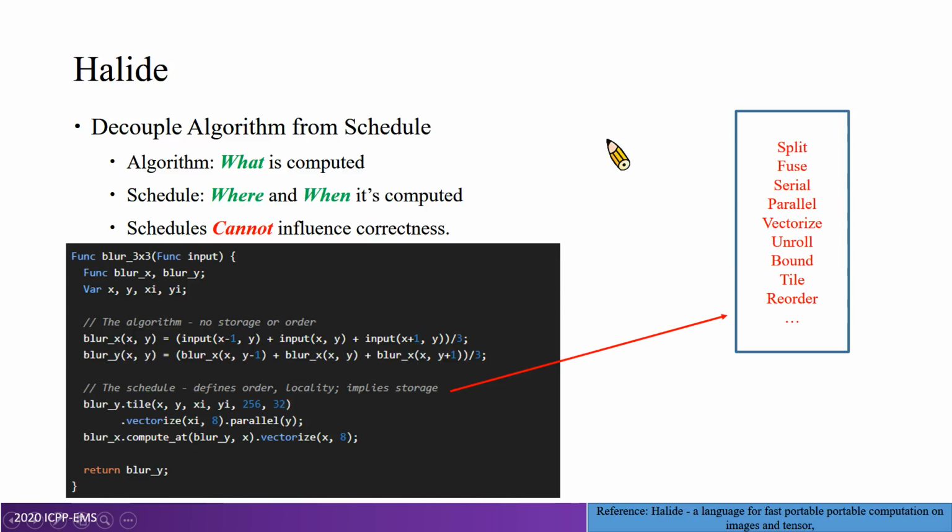Halide is an embedded domain-specific language, which is originally designed for high-performance image and array processing. Here it shows a simple Halide program. In this program, we can see that the algorithm is decoupled from scheduling.